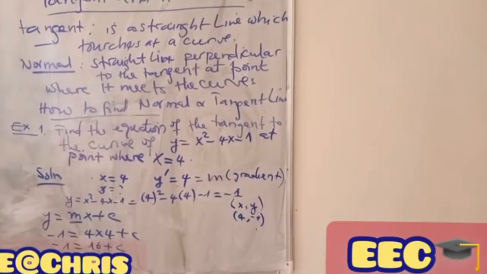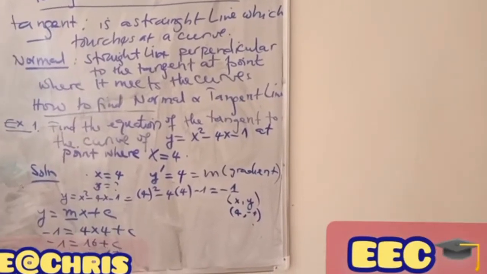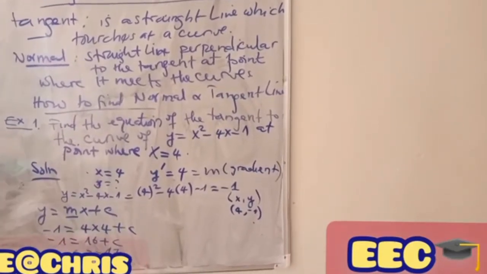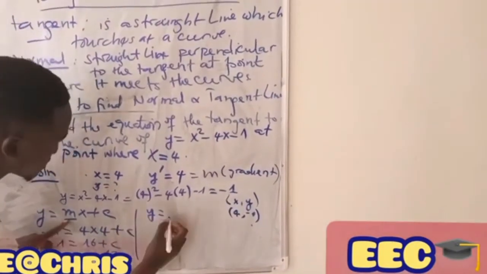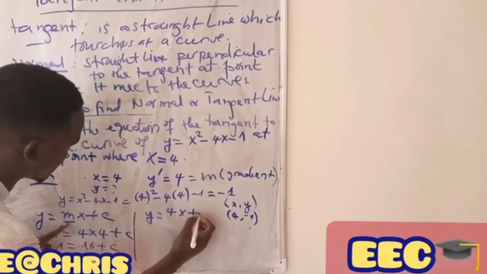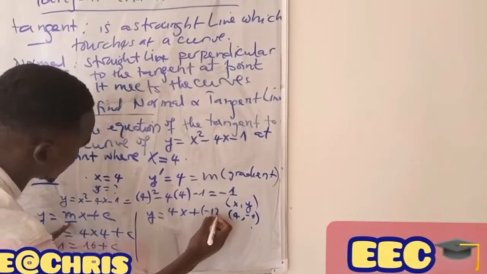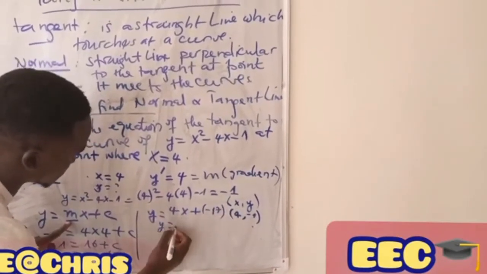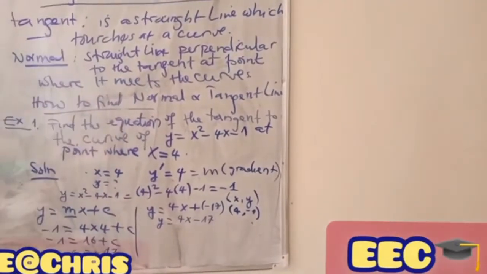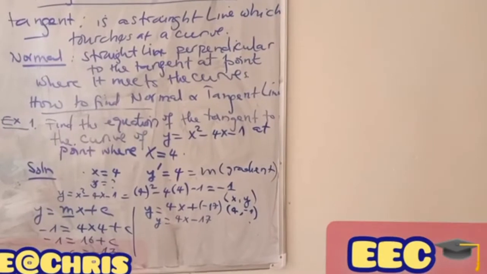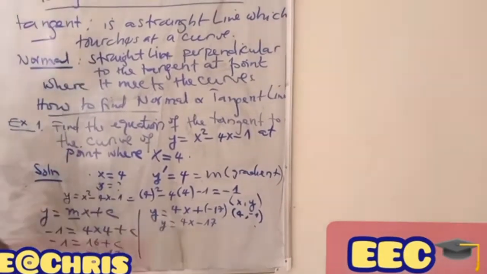So y will be equal to 4x minus 17. The equation of the tangent is therefore y equals 4x minus 17.